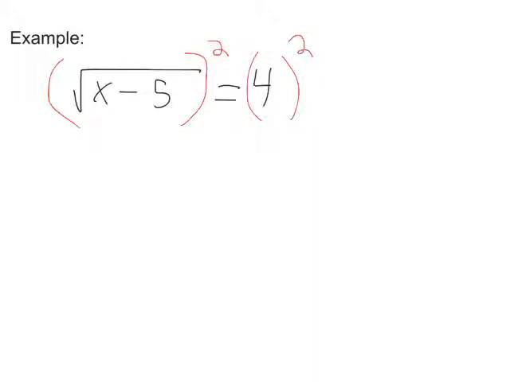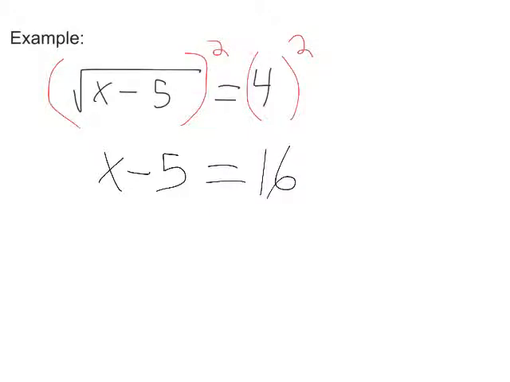Those two exponents would cancel each other, because you can write a root as an exponent. They're the same thing, okay? So the 2 and the square root basically cancel each other out. We lose the root, and so what's left behind is just whatever is under the radical. That's called the radicand. Set equal to 4 squared, and we get 16, okay?